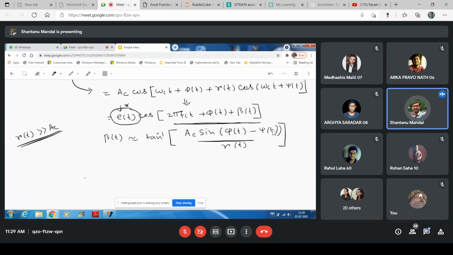So for the FM, the discriminator output V of t equals d/dt of 2 pi fc t plus psi t plus beta t.